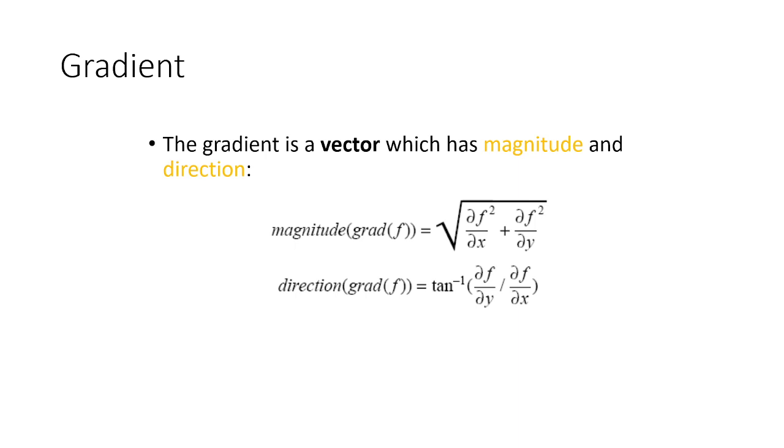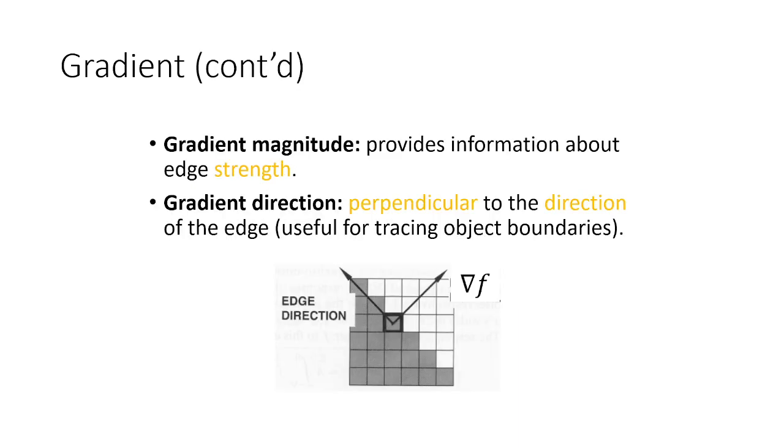The direction is the tan inverse of that, and the magnitude is the root of that, with x and y being the function with respect to x and y. The gradient magnitude provides information about edges in the image, and the direction is perpendicular to the edge direction.